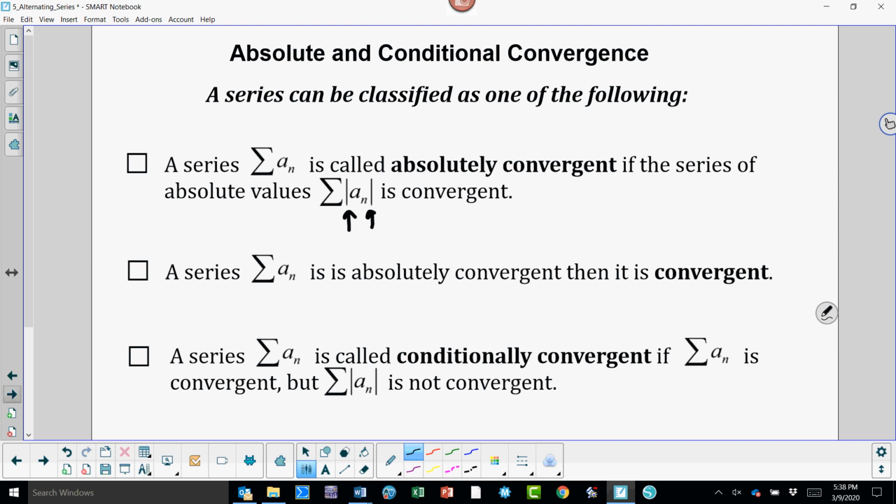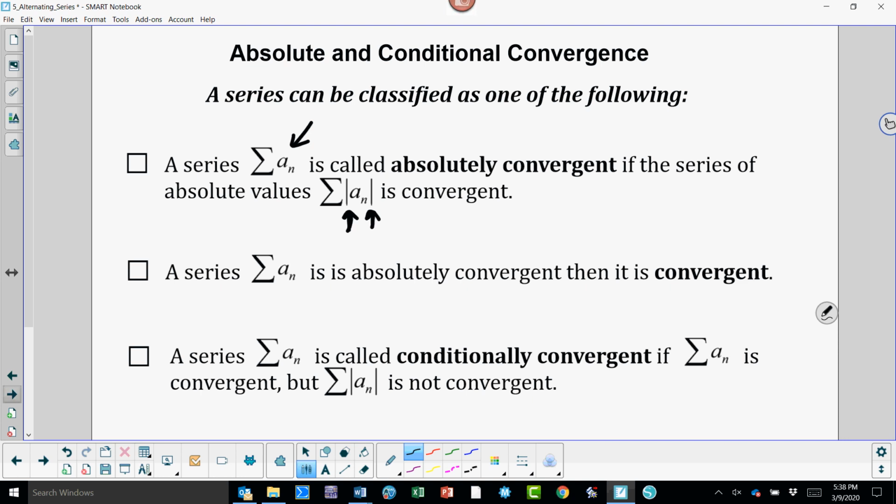If a series is absolutely convergent, then it is convergent. In other words, if I can prove that the series converges if I stick absolute value bars in, then I've proven that this one works. So that's what absolute convergence means. It's kind of a stronger convergence.